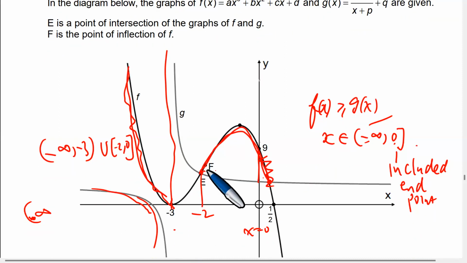But from minus 2 to 0, you can see that one graph is above.